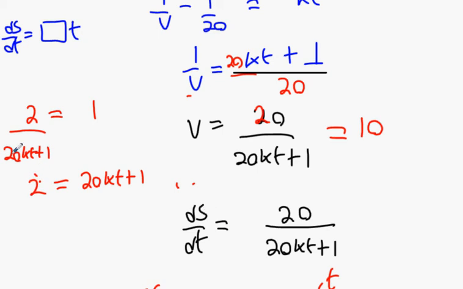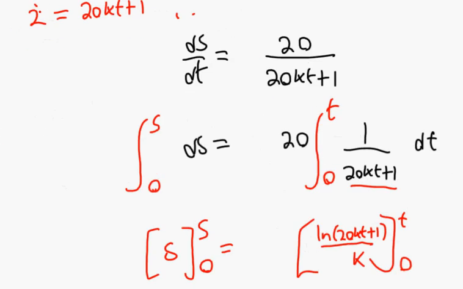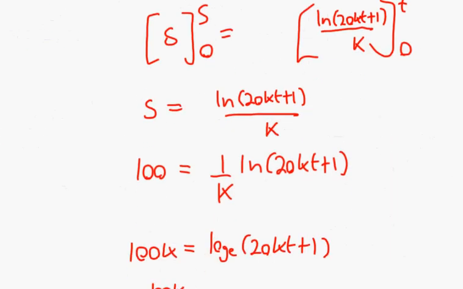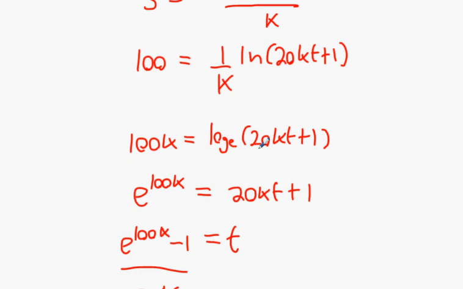So, where did we have 20kt plus 1? We sort of had it here, didn't we?